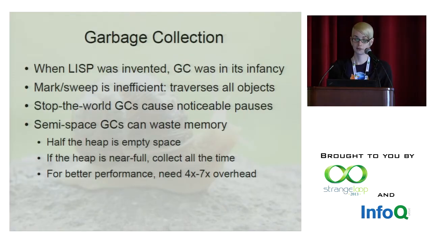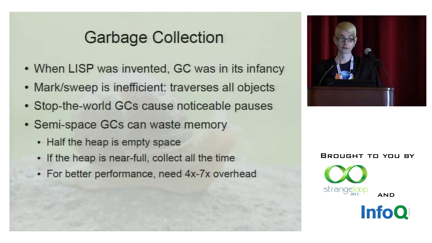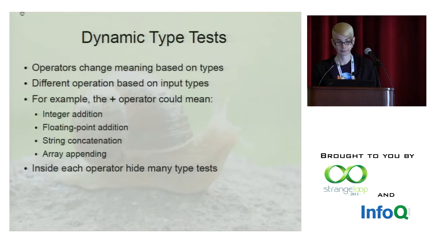But these can cause a huge waste of memory, because you're actually having to reserve half of your heap to be empty space for the next collection. And at the same time, you actually waste even more memory than that, because if your half heap, your semi-space is near full, you're going to be garbage collecting all the time. So you actually need more like 4 to 7x overhead.